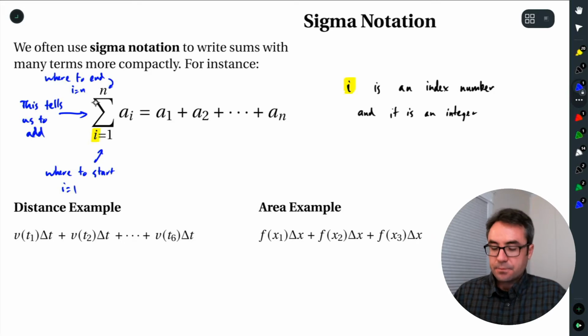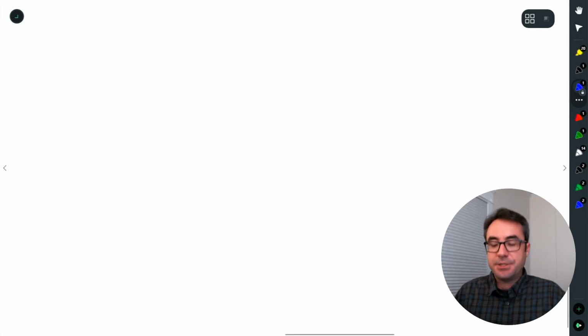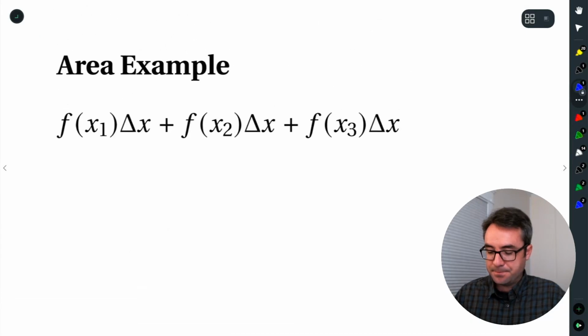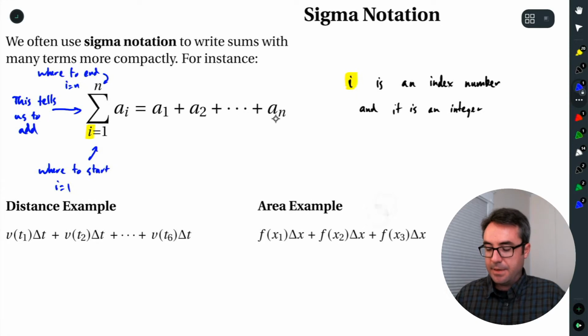We're doing the summation from i equals 1 to n of a sub i. Written out, that would be the a1 term plus the a2 term plus the a3 term plus the a4 term, and you keep going until you get to the an term. And that's where we end.